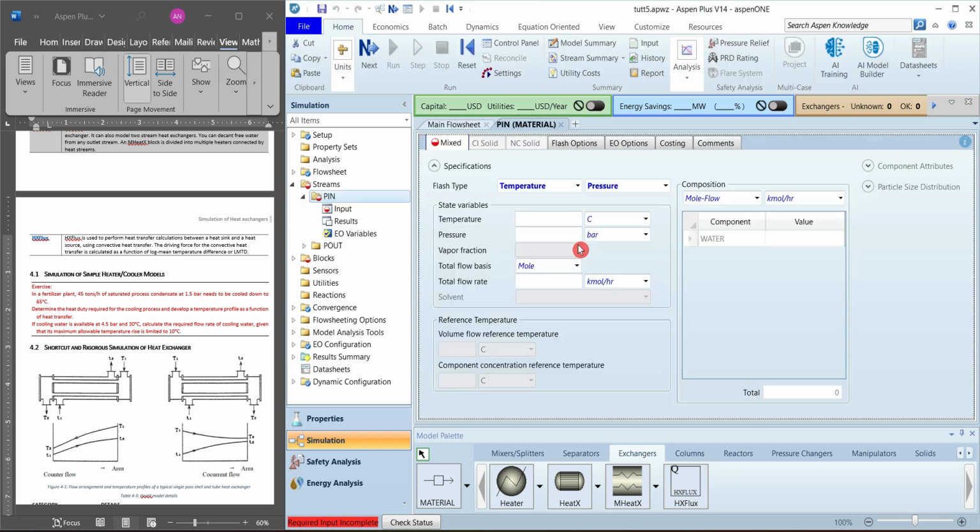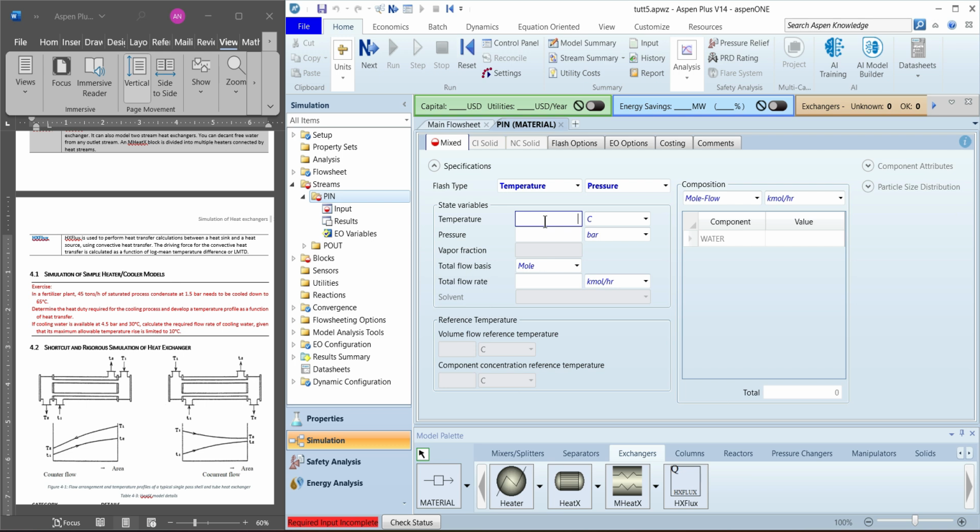First, jump into the inlet line, that is P in. You can proceed directly, double click on the inlet line, or you can browse from the navigation pane. The temperature we don't know, but we know it's a saturated condensate. So the temperature is not well known so far.